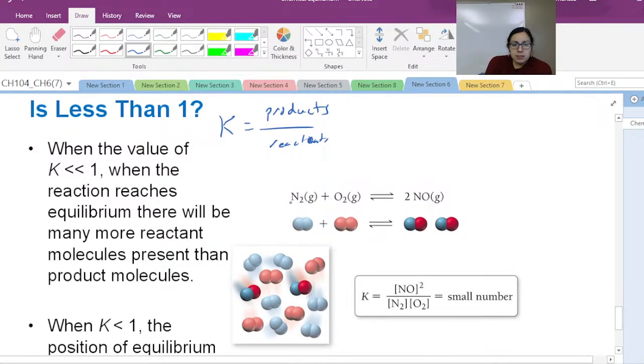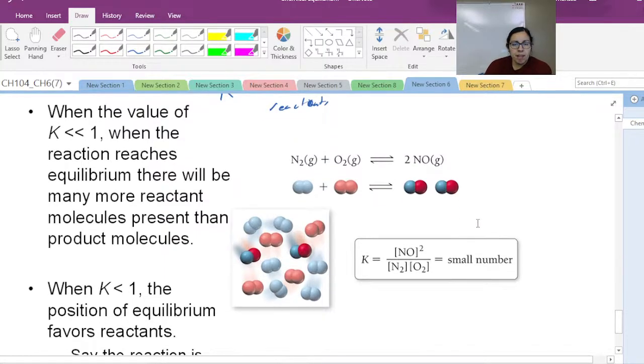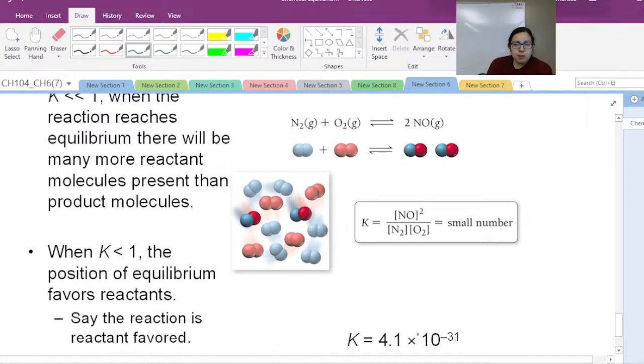So N2 plus O2 gives us NO, except the K value for that is 4.1 times 10 to the negative 31. And that should make you feel pretty good though, because otherwise, if this reaction was favorable, we wouldn't have much oxygen left over to breathe.